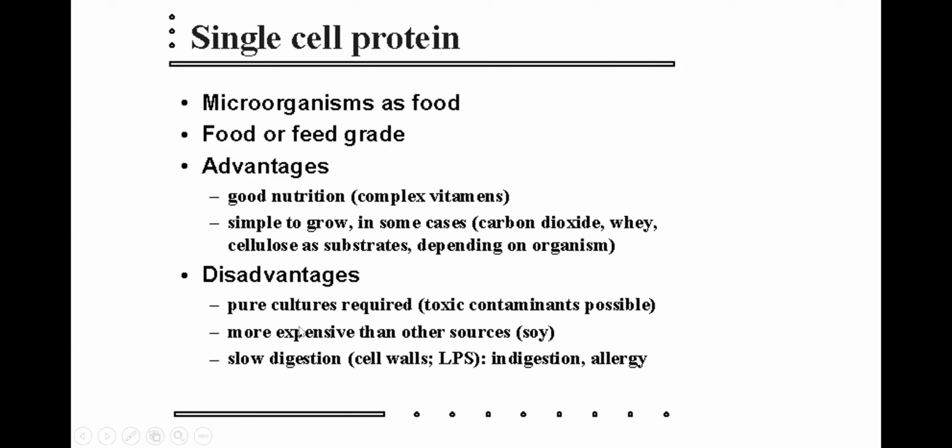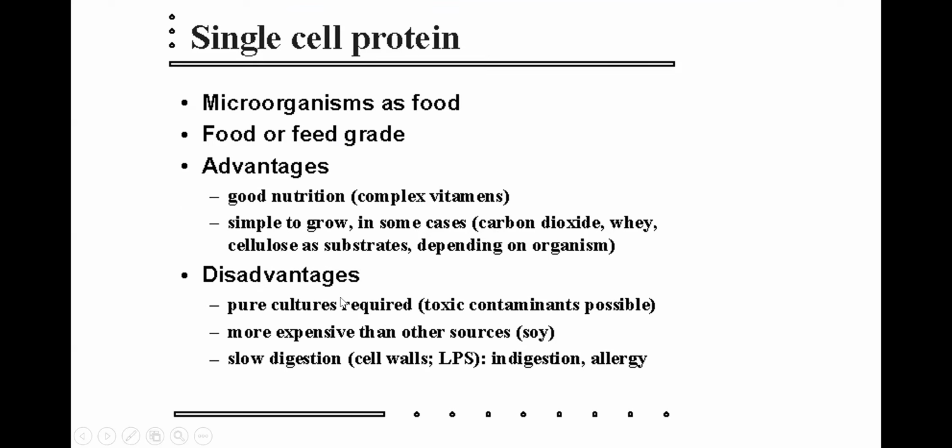So just now I mentioned the advantages, including the good nutrition and being simple to grow. In some cases, we can even grow using carbon dioxide as a carbon source, or any biowaste or lignocellulosic waste, such as cellulose, as a substrate. Yeah? But this will depend on the organism. Okay.